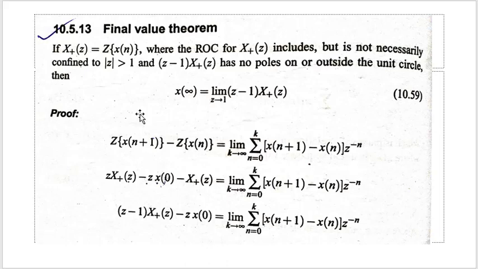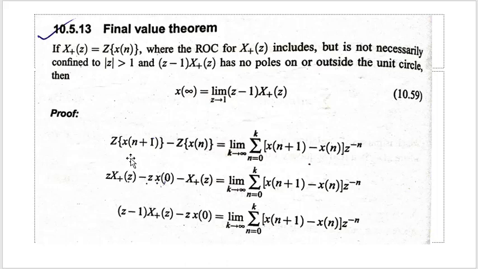Since by the plus we understood that the summation terms will be from 0 to k only, and the limit is there because k can tend to infinity. So simply this could be written as summation n equal to 0 to infinity, but that is also the same representation only.